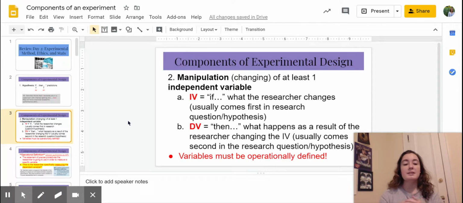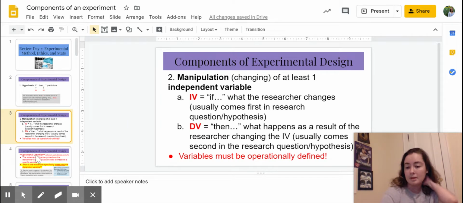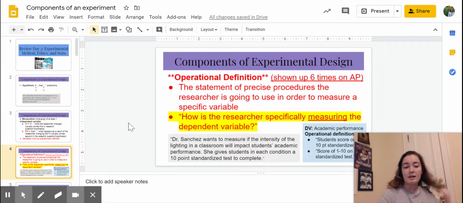So you need to be very specific in how you're measuring your variables or else you can't replicate it. And we know that in order for research to be respected, it needs to be able to be replicated so it's reliable, because reliable is doing things and getting the same results multiple times.